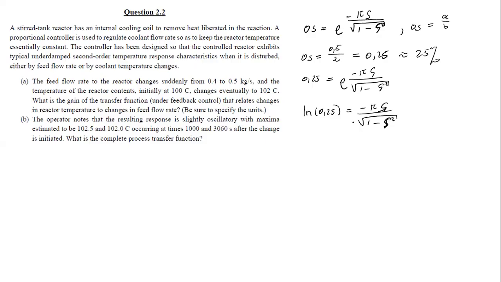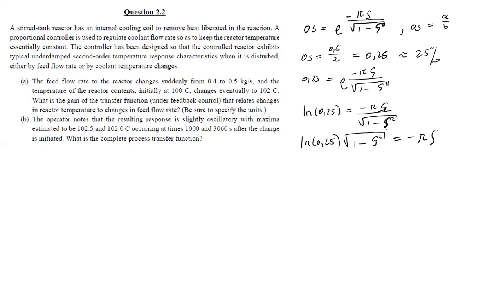To solve for this unknown, when you perform your mathematical steps, just cross multiply. But before you cross multiply, you can introduce a square on both sides of the equation. Let me take you through the steps. This multiplied by this, we are going to have ln 0.25 multiplied by the root of 1 minus the damping factor squared, equal to negative pi times the damping factor.